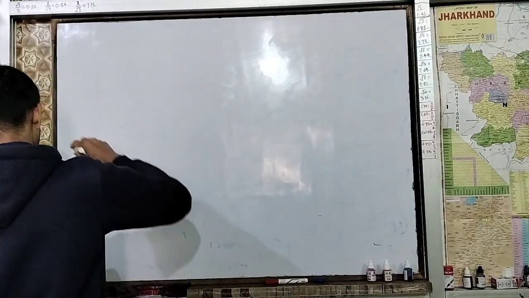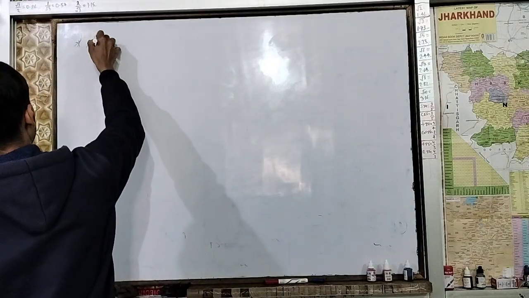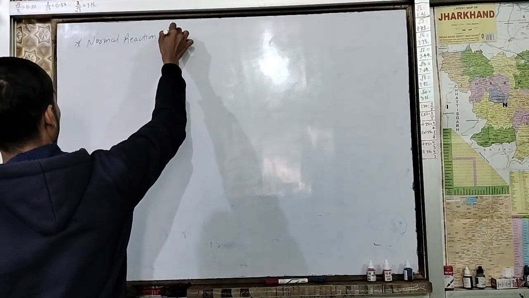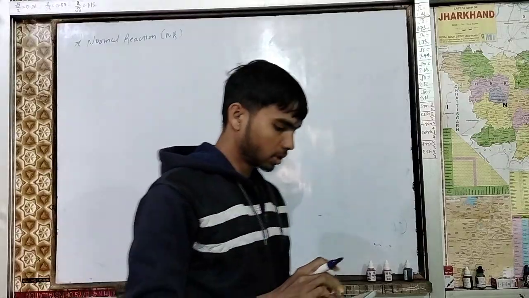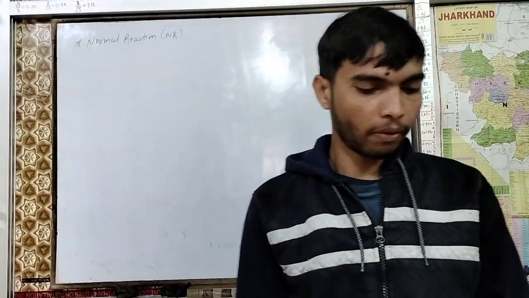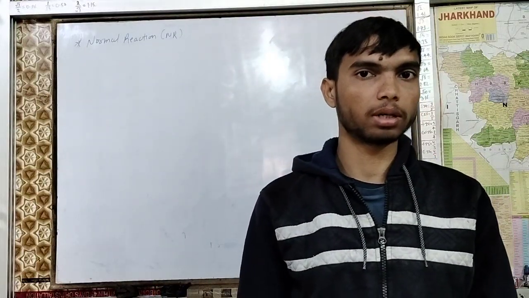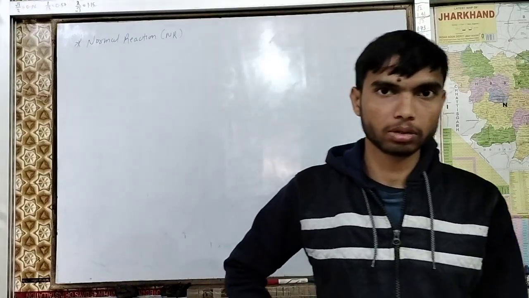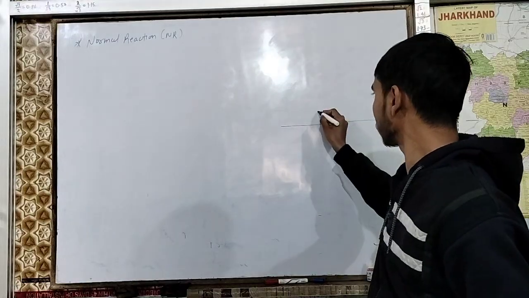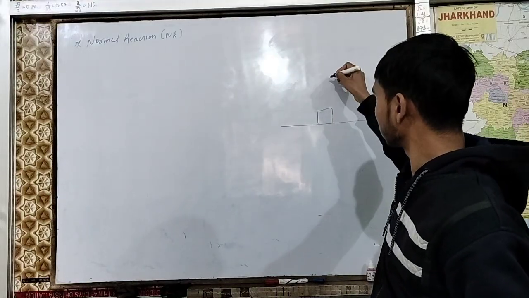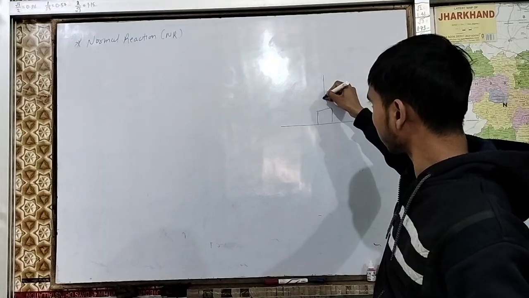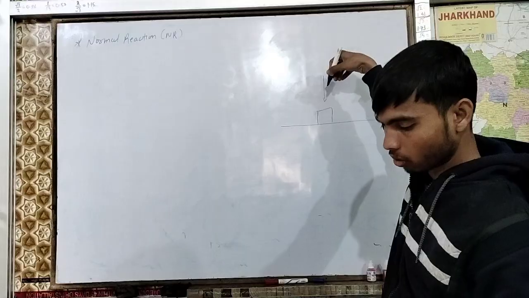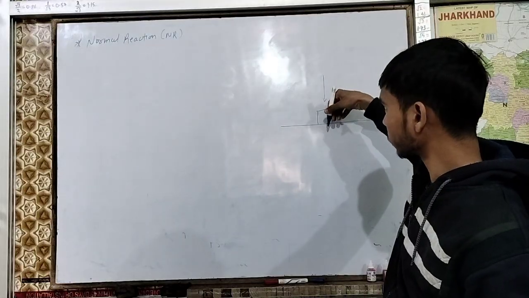Next is the normal reaction. The first sentence is for normal reaction. When an external force is applied perpendicular towards the contact surface, like this, so the applied force is downward, perpendicular to the contact surface.